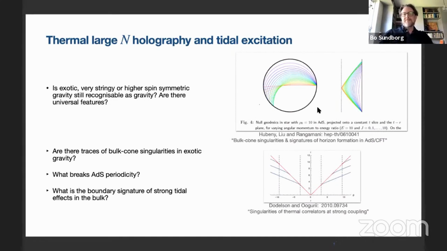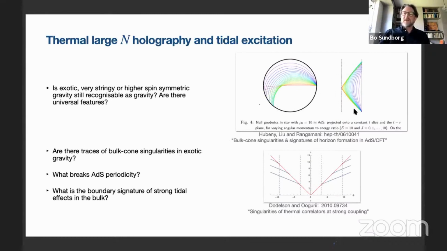So what is this? The black circle is the boundary. This is a view of space. The left-hand part of the figure is space, and the boundary of AdS, or asymptotically AdS, is the black circle.